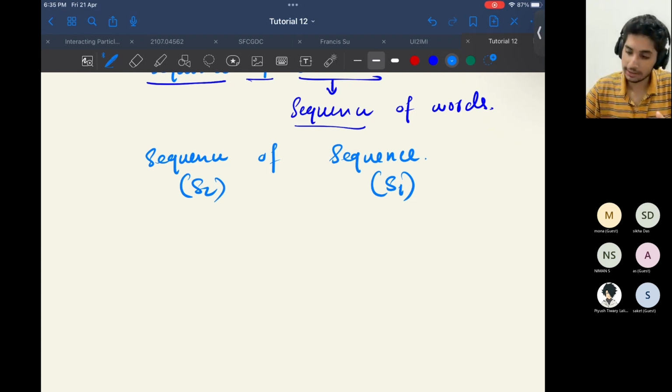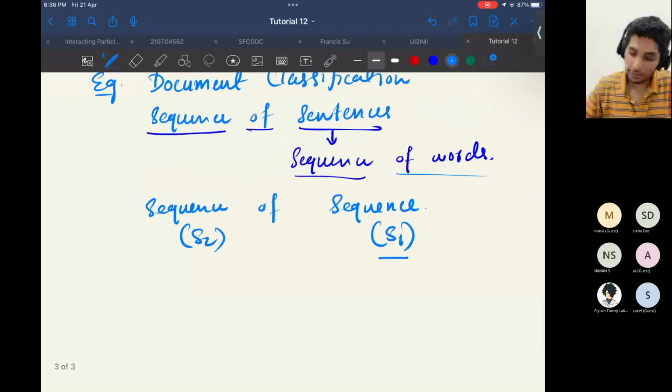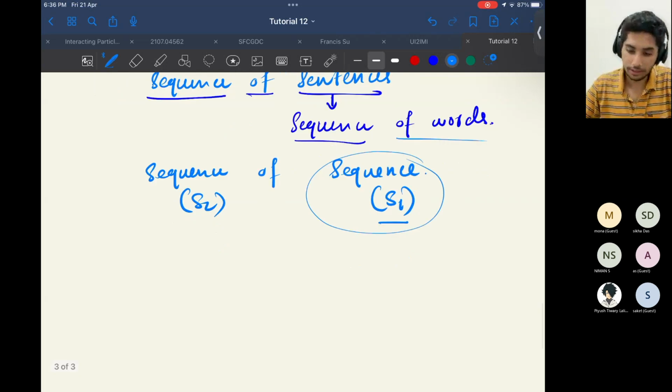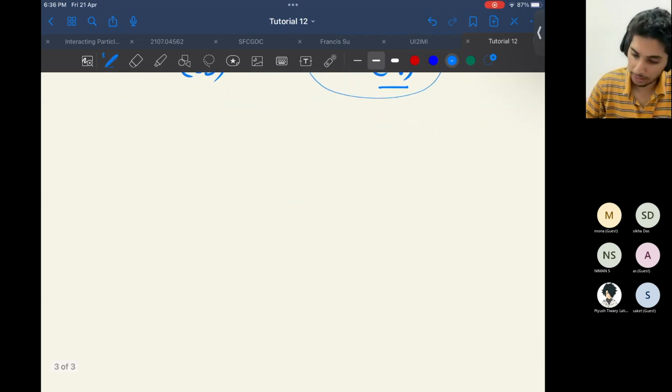The first sequence is a sequence of words, basically a sentence. There will be an RNN on this sequence, S1, and there will be another RNN on top of these smaller sequences. Let me explain it, maybe that is better. So consider a first RNN. Let us see.